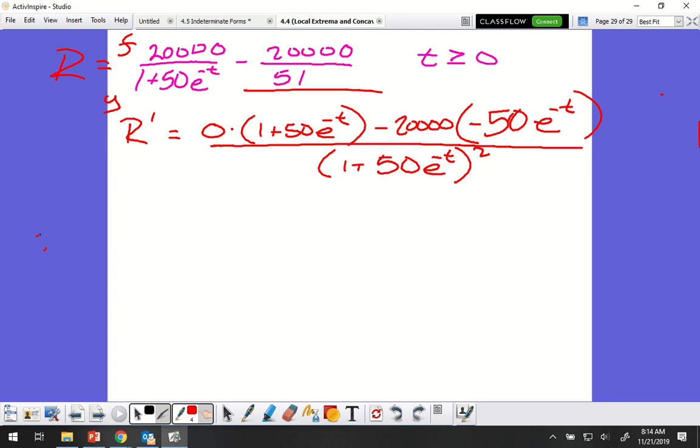Now anything times 0 gives me 0, so that first thing goes away.